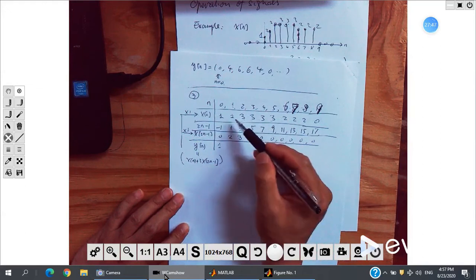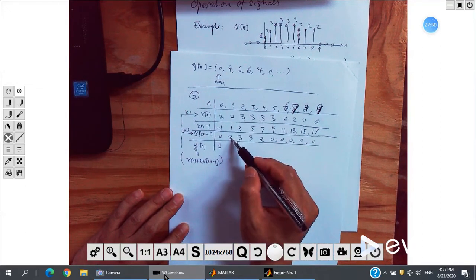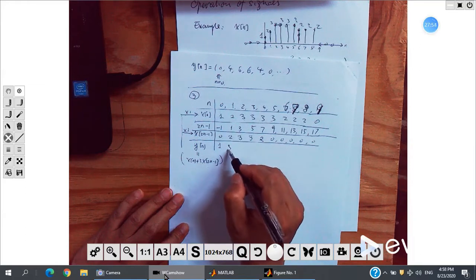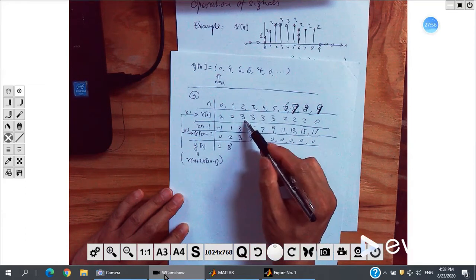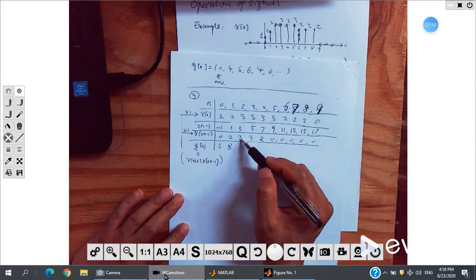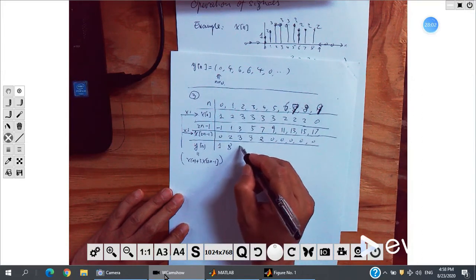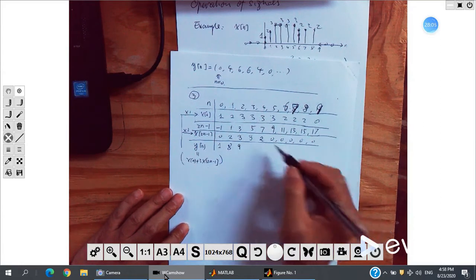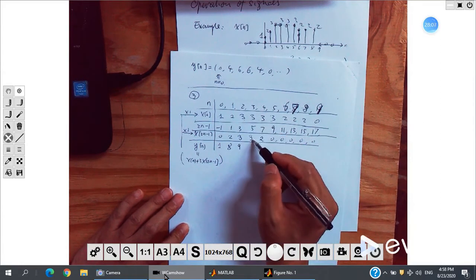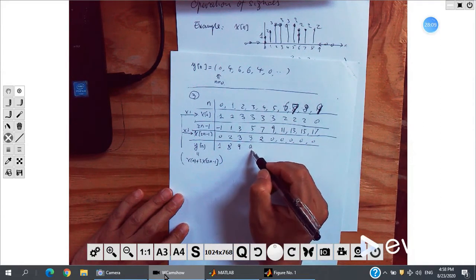Next, 2 plus 3 of 2. So 2 plus 6 is 8. Then 3 plus 3 times 2. So this is 6 plus 3. 6 plus 3 is 9.